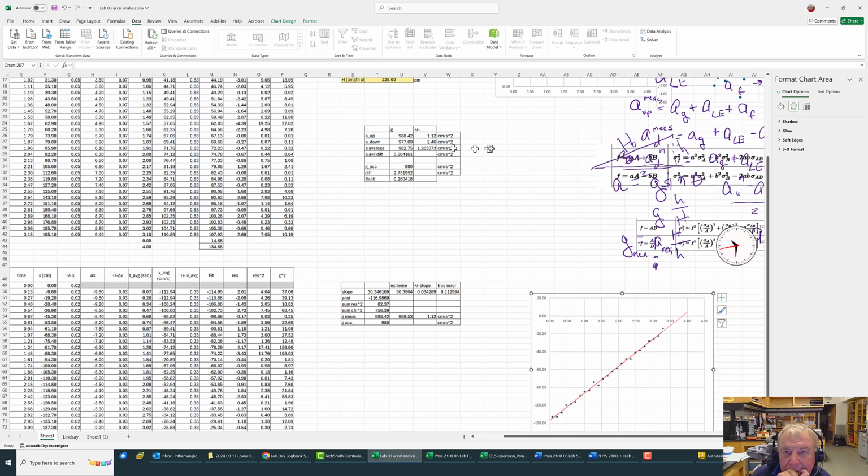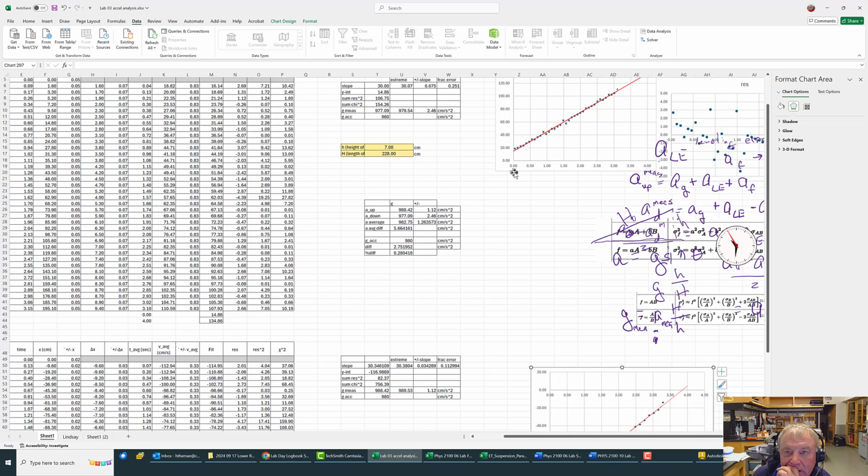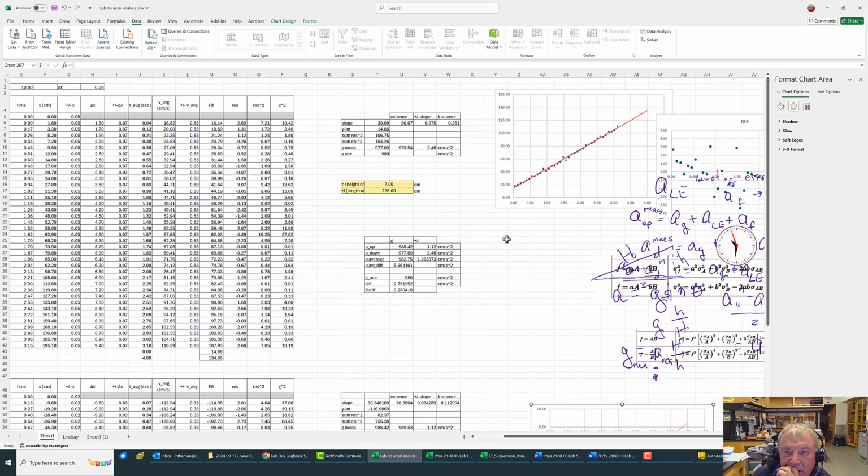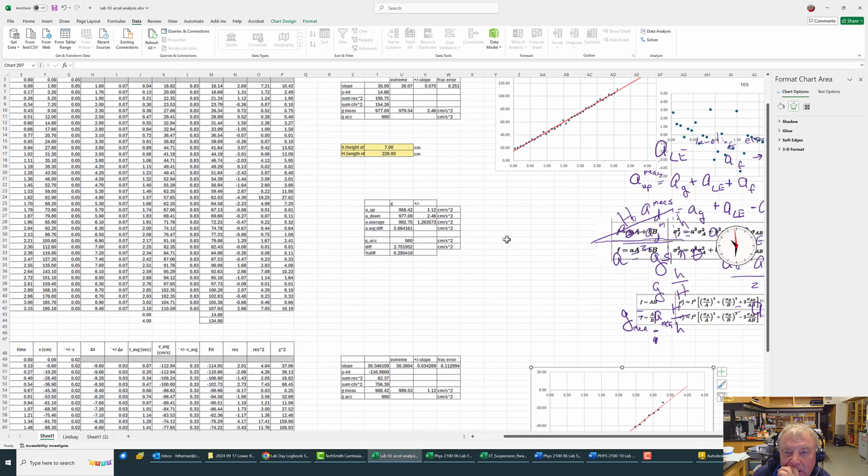So actually, we need the fractional error on the g measured. Let's see how we're going to do that. On the average, what's a convenient place to do it?